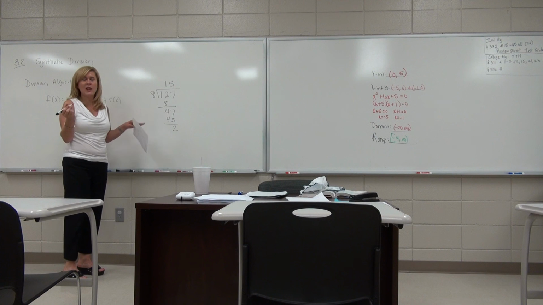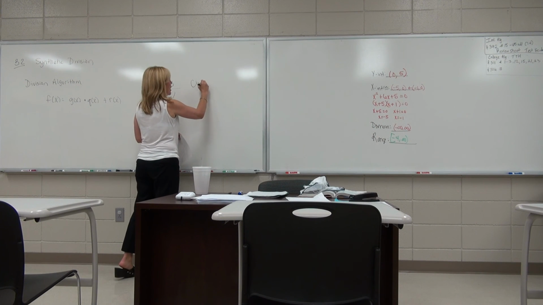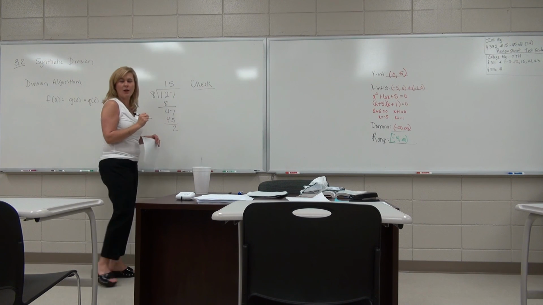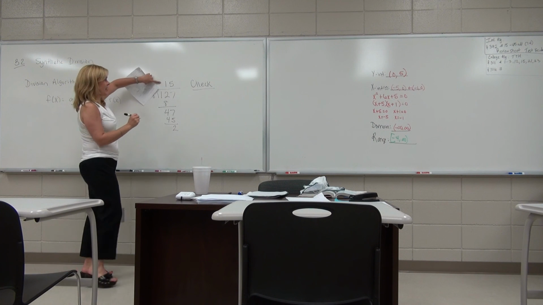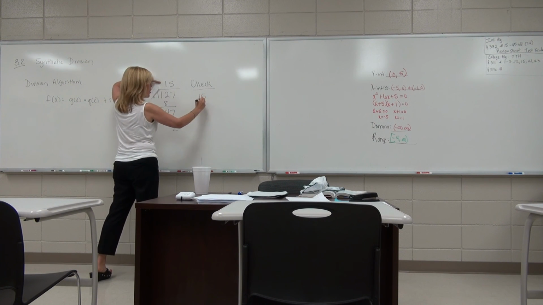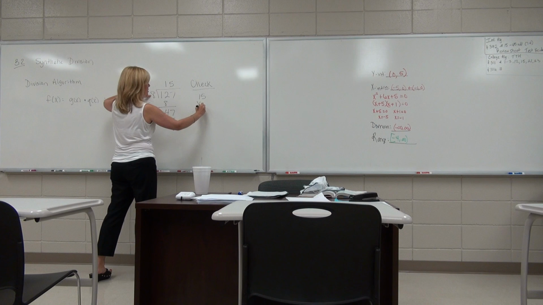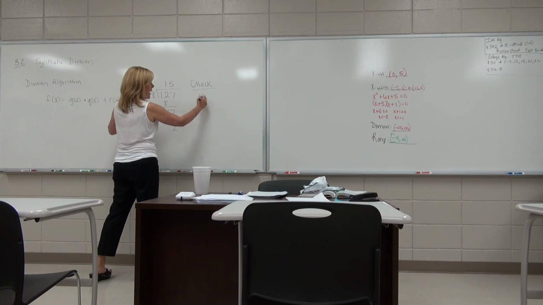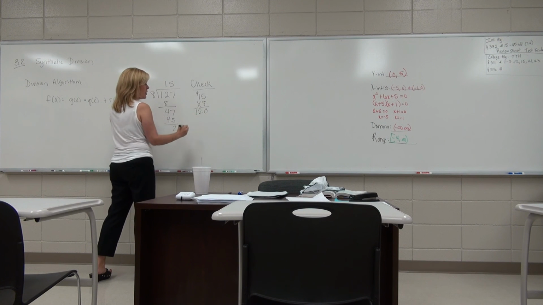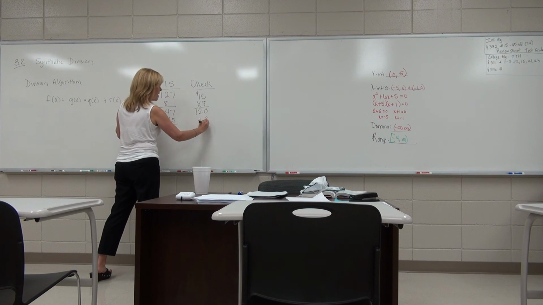This is the division algorithm. How do you check this problem to know if you got it right? You take the answer, which is called our quotient, times the divisor, what you were dividing by. 8 times 5 is 40, carry the 4. 8 times 1 is 8, plus 4 is 12, and then you add that remainder.